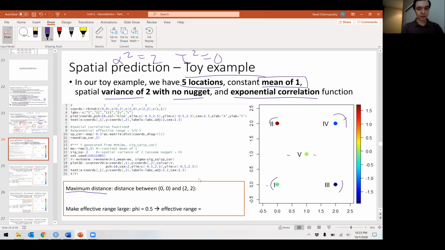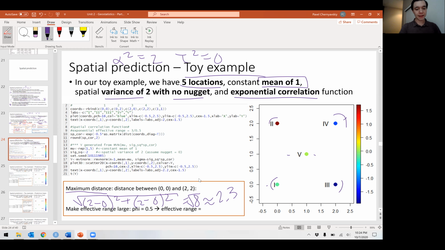So the length of those diagonals, find my Euclidean distance: 2 minus 0 squared plus 2 minus 0 squared is square root of 8, which is approximately, I believe, 2.3-ish.